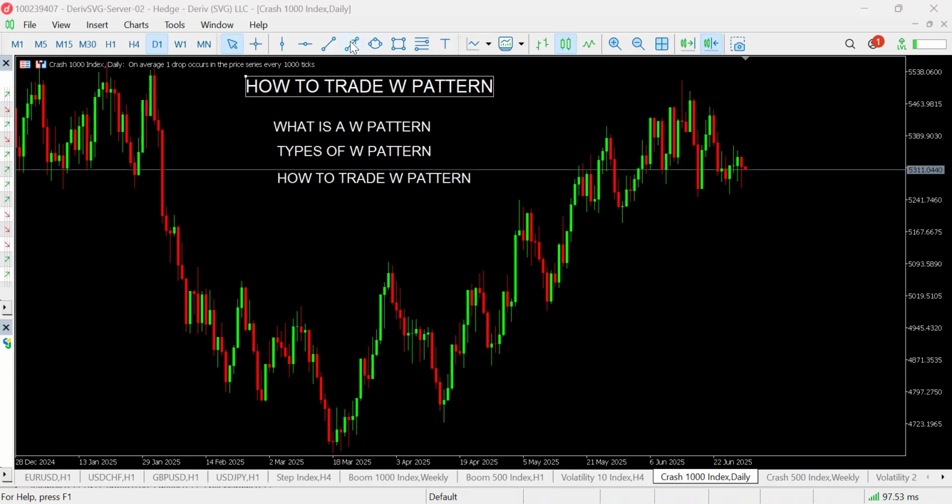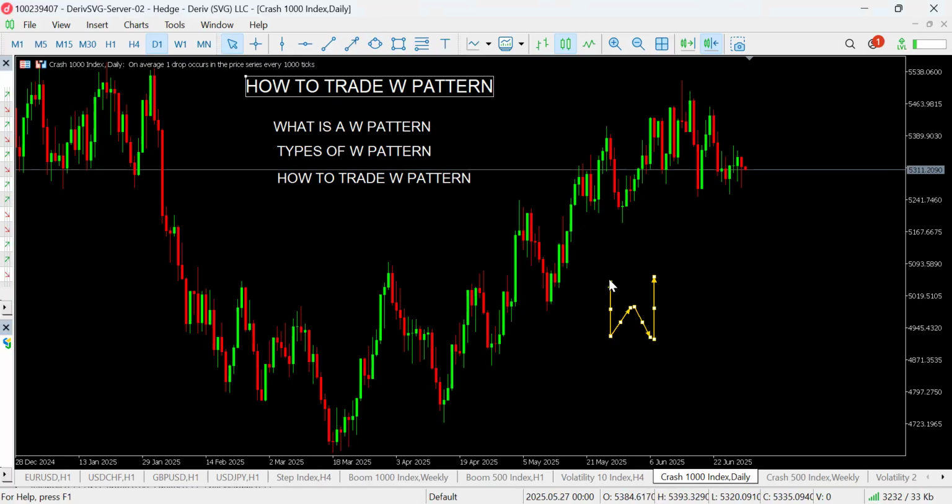As was the case with M patterns, what are the types of W patterns? Just like the M patterns, W patterns have different variations in terms of formation. We have the popular one, which is the double bottom. In other words, we have price being rejected from exactly the same point on the price chart. Now, what do I mean?